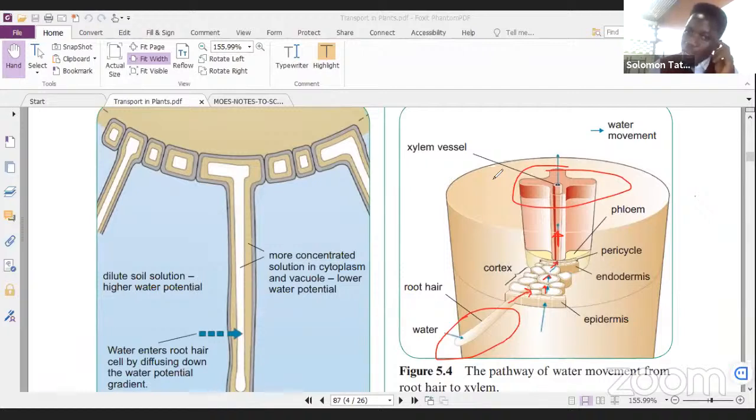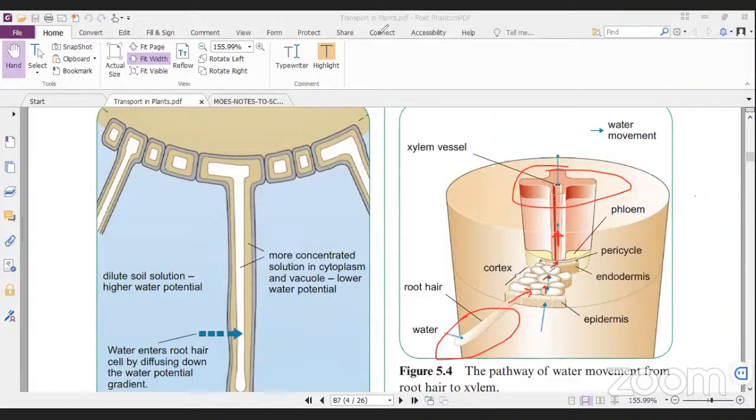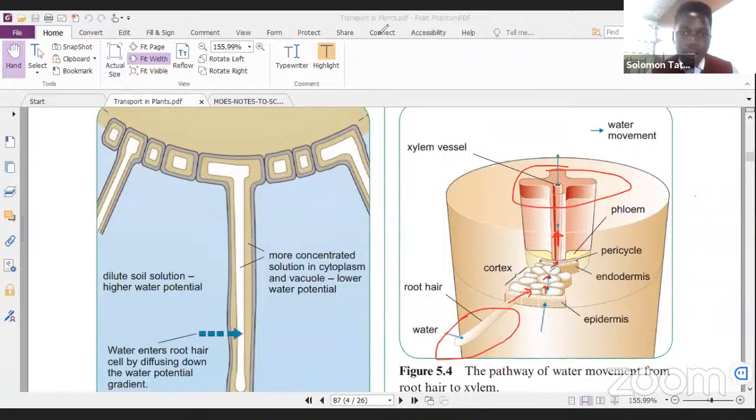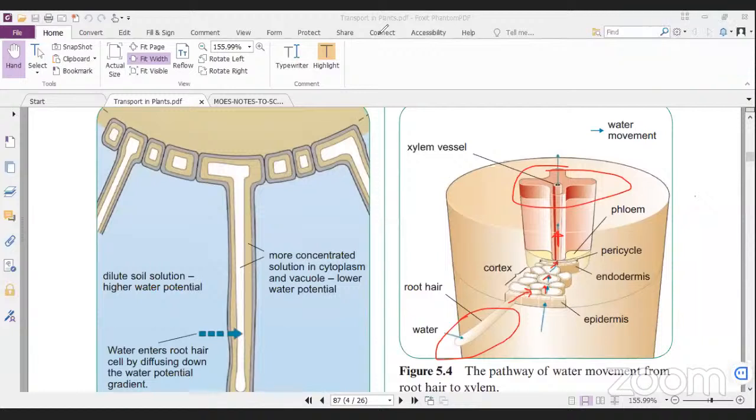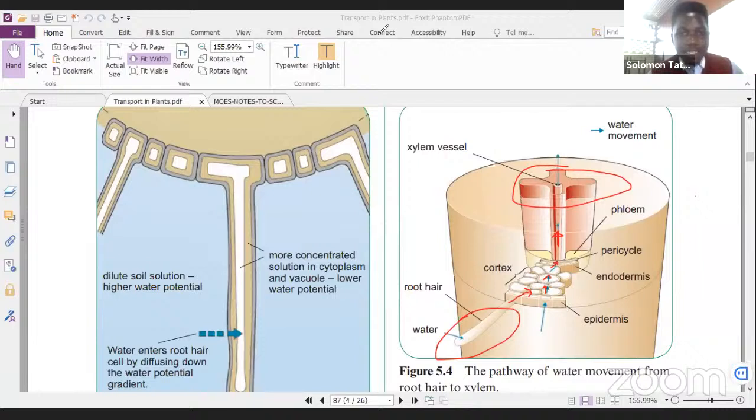And then what else? Which other pathway utilizes the cytoplasm, from the cytoplasm of one cell to another? How do we call that pathway? Cytoplasm to cytoplasm. All right, Faith says symplast, Praise, Sam, symplast. Yes, that is the symplast pathway, okay?